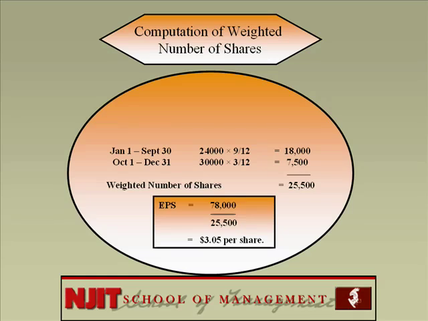As you can see, the total weighted number of shares is 25,500. When you divide the net income by it, you get $3.05 per share. That is the EPS.